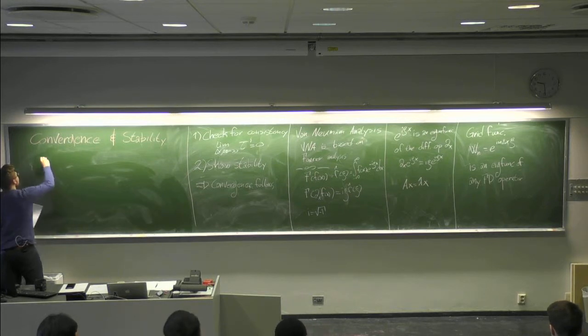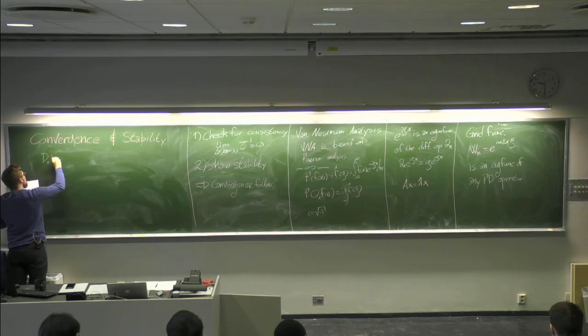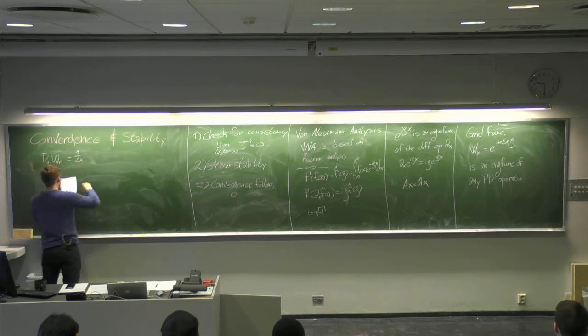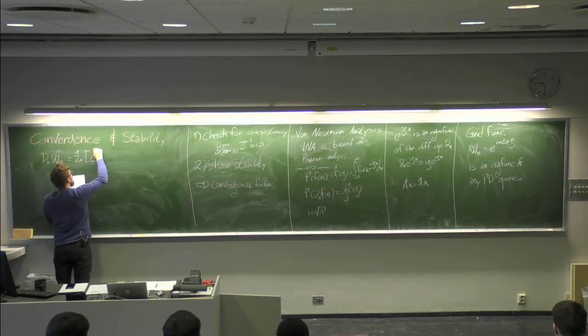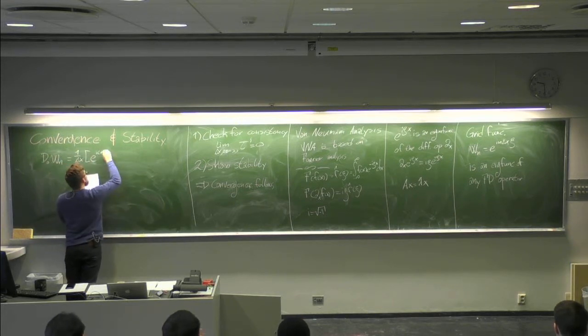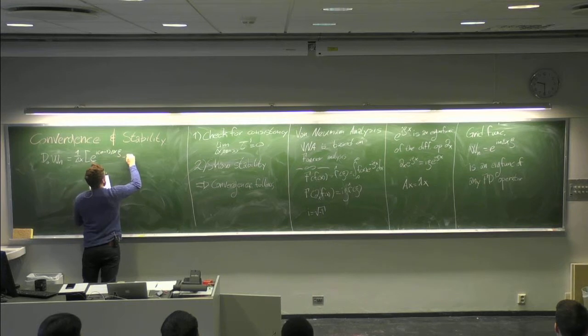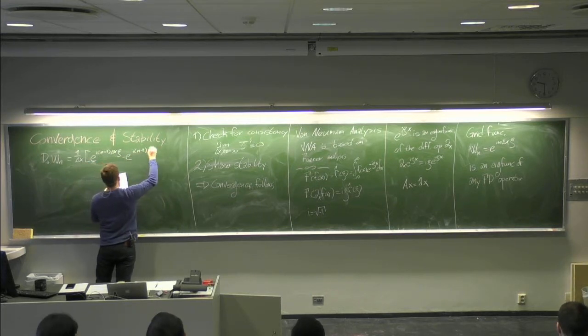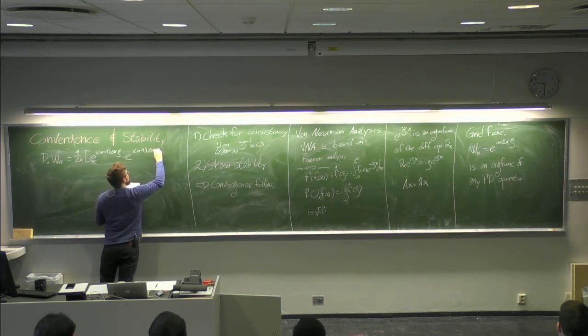So if we just have the central difference, D0, working on this w, we have e to the I n plus 1 delta x xi minus e to the I n minus 1 delta x xi.